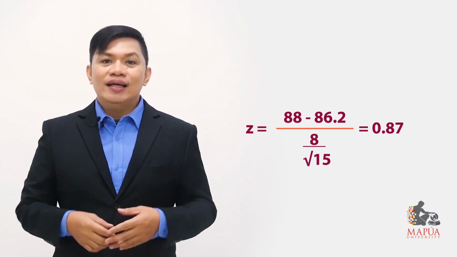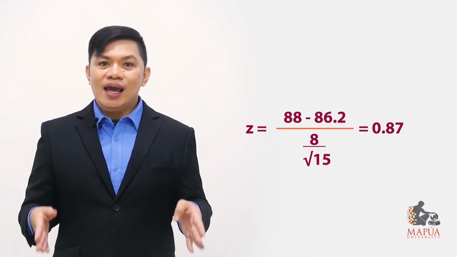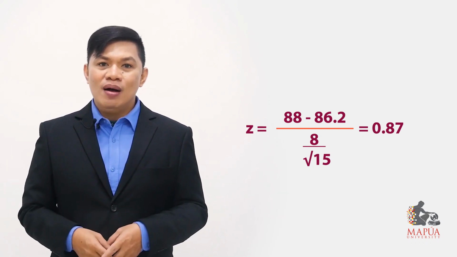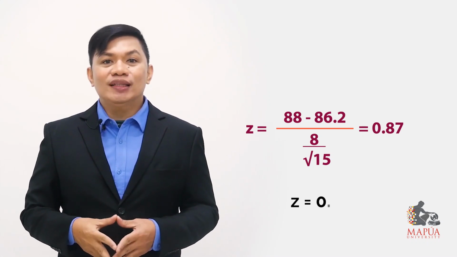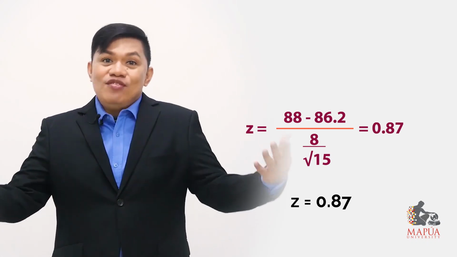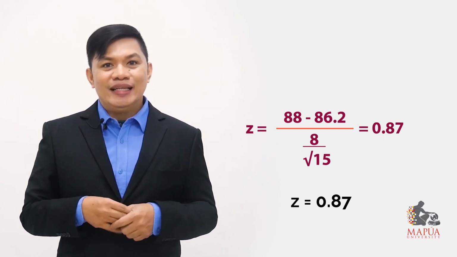Get your calculator and compute the exact value. The z value this time is 0.87. It's different from our z in letter A, which is 0.23.